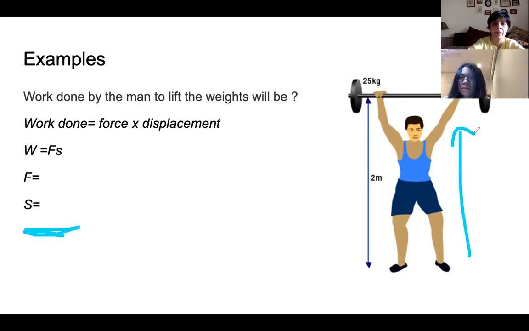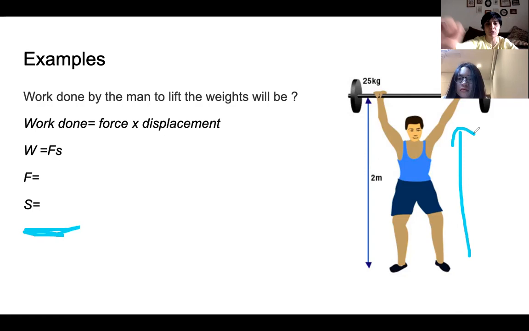And the force applied was also, did he pull or push? If I have to lift weights up, will I pull or push? Pull. So he pulled it up. So the force was also being applied in the upward direction. And imagine if these are weights.